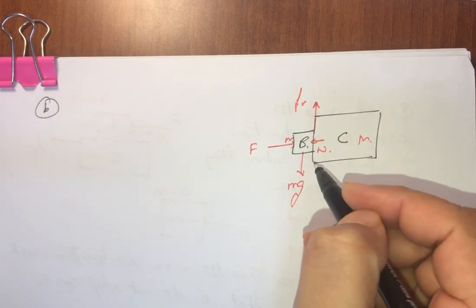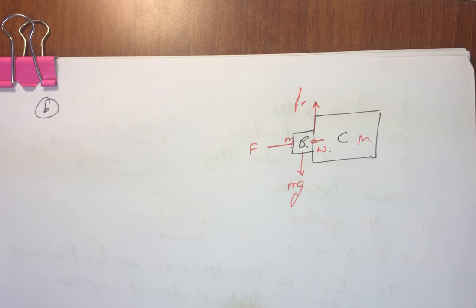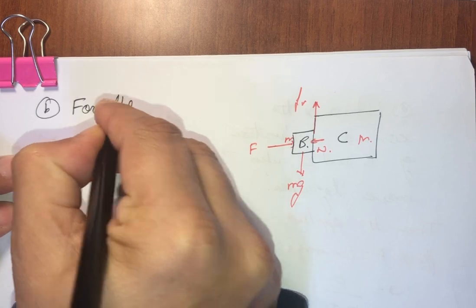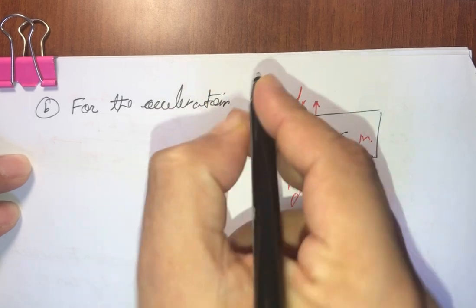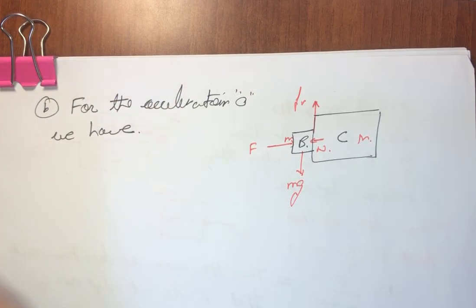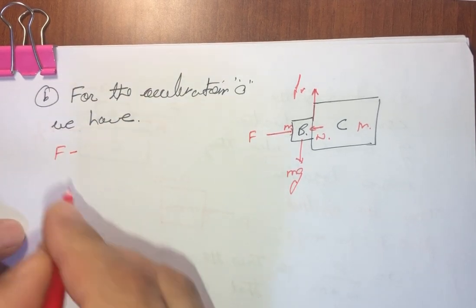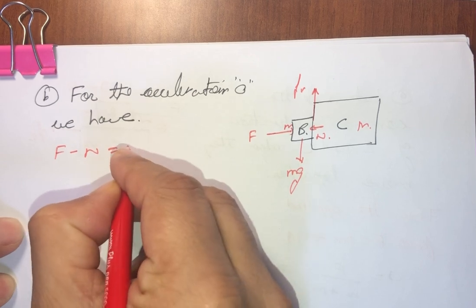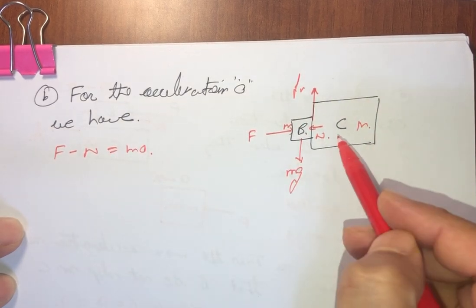So if we say that there is acceleration A, then F minus N will be equal to ma, where A is the combined acceleration.